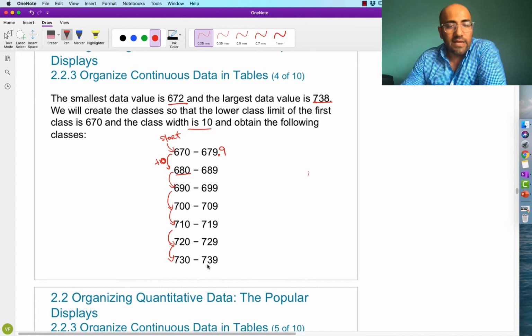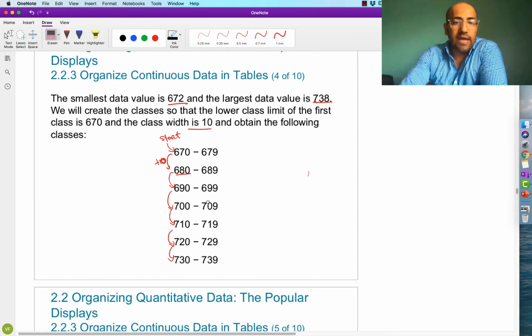Sometimes, based on the data, we might end up with something weird, where maybe the largest value doesn't quite fit into one of these. Also, just double check that every value in our raw data set fits into exactly one of these classes. Sometimes we refer to them as bins, so that we can do a proper tally for these.